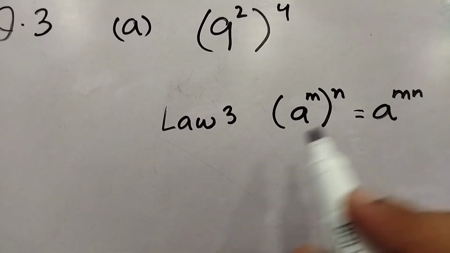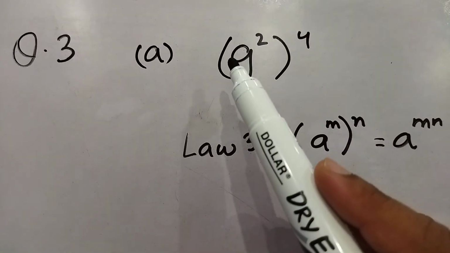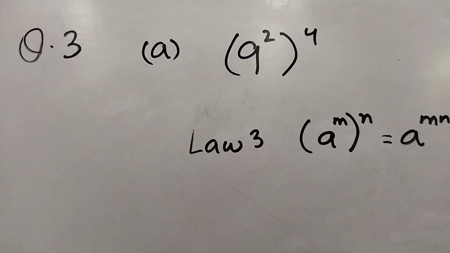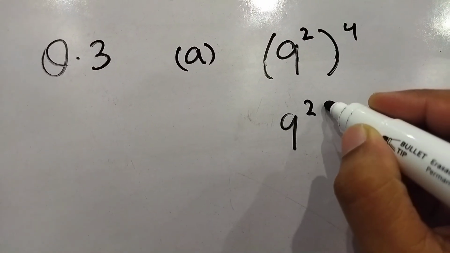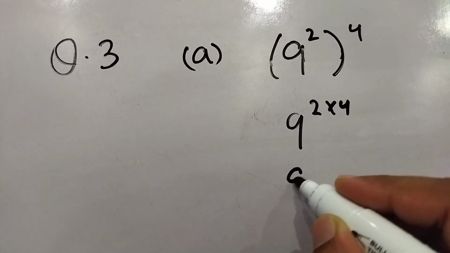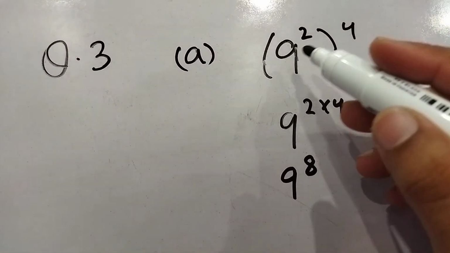This is law number 3, so you have to remember this law in order to solve these types of questions. So we are going to simply multiply 2 with 4, which is 8. The answer would be 9 raised to power 8.